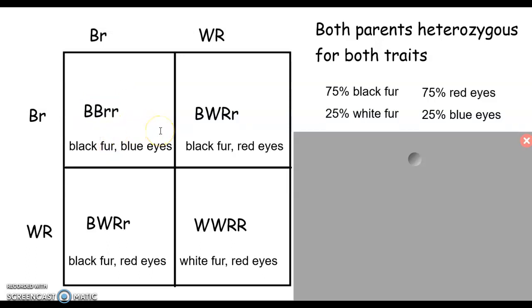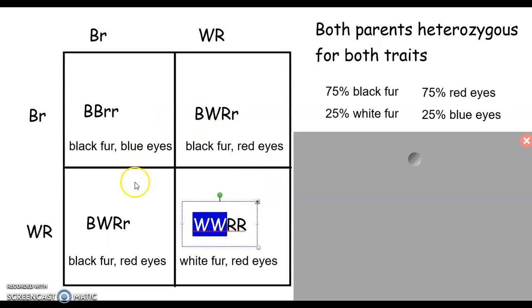So what do we have at the end? We have 75% black fur, right? Anything with a B in it gives us black fur, right? So three out of the 4 boxes have a big B, and only one box has the homozygous recessive combination of WW.